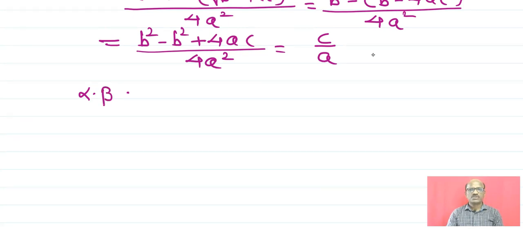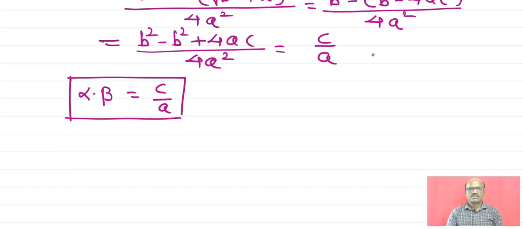That is the product of the roots, c upon a. That is, the sum of the roots is minus b upon a and the product of the roots is c upon a. This is the relation between the roots of the quadratic equation and the coefficients.